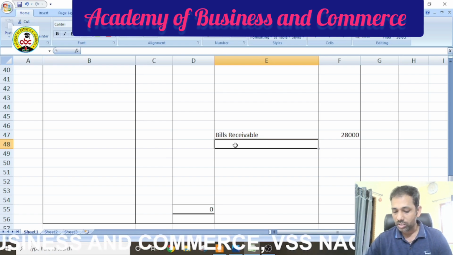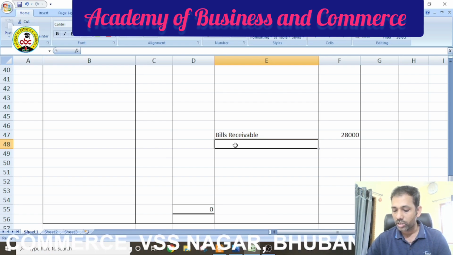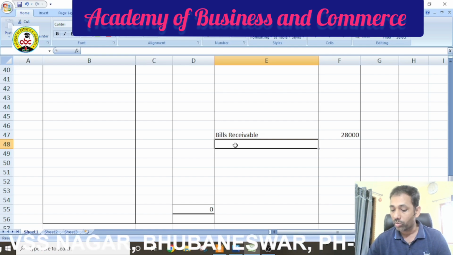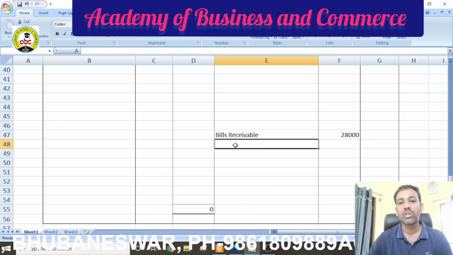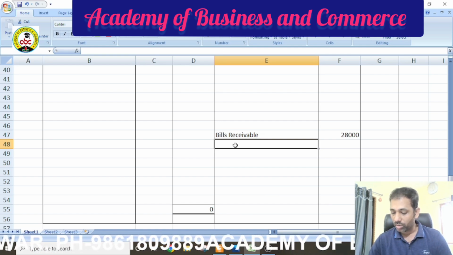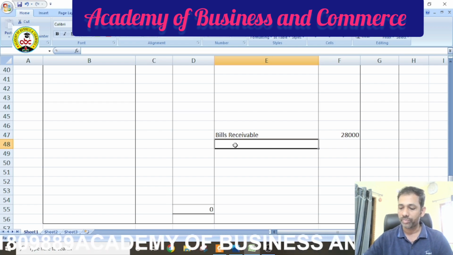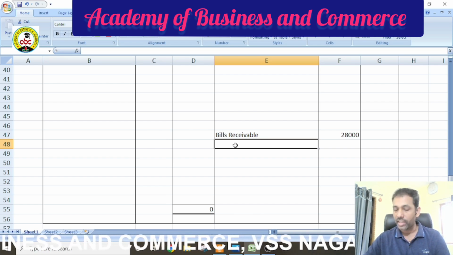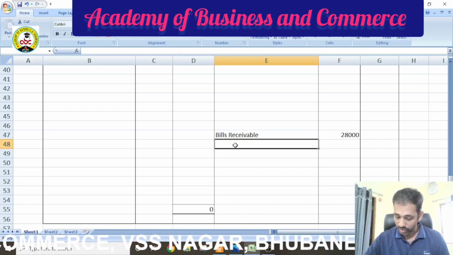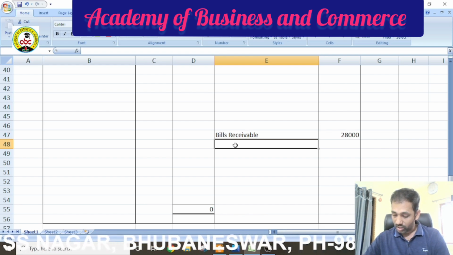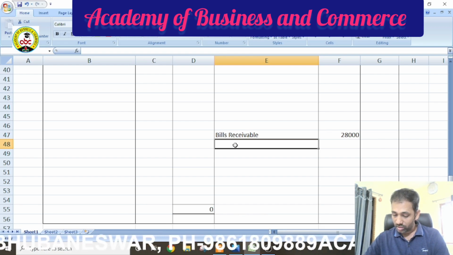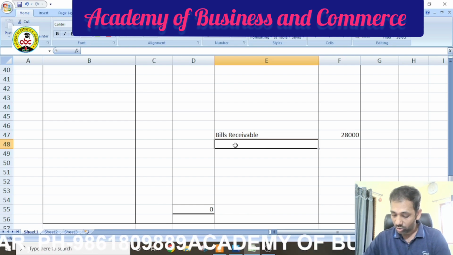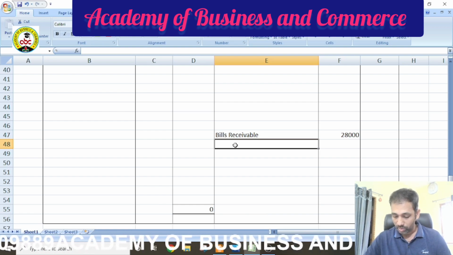Adjustment 6 says goods of 6,000 were sold but no entry was made in the books of accounts. That means 6,000 of goods were sold, but no entry has been made.